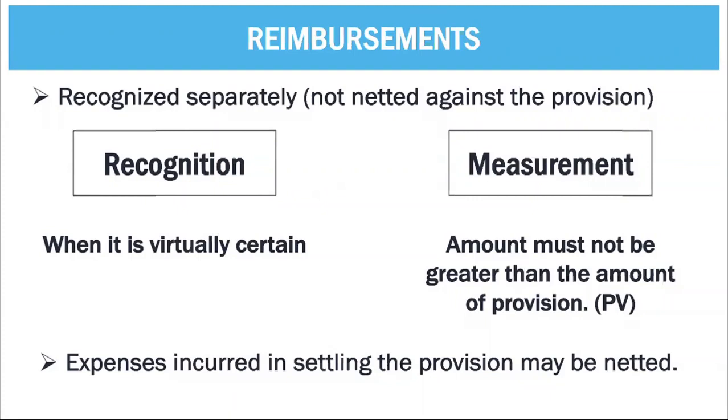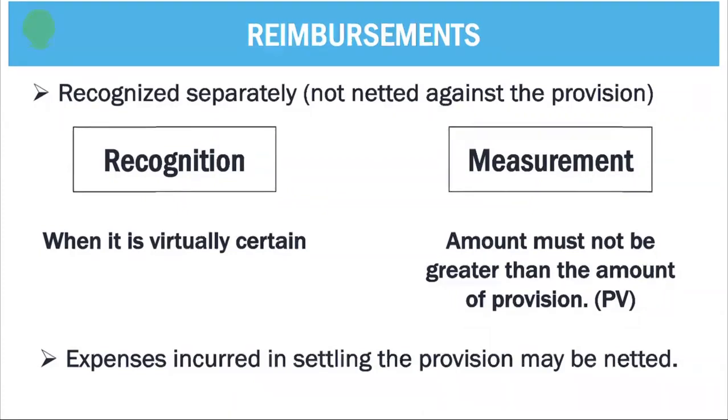So we have two items here already, the provision and the reimbursement. The provision is considered a liability, but the reimbursement is considered an asset. So how do we recognize that? Take note, under the standard, you should recognize it separately and you do not net it against the provision.